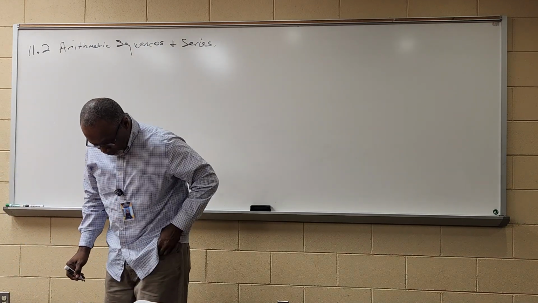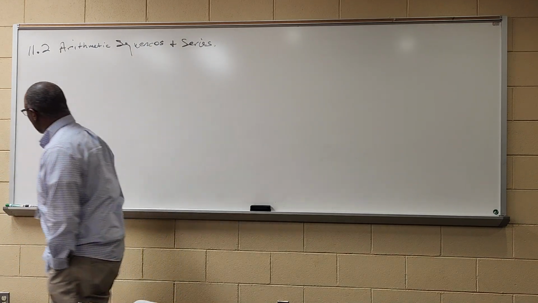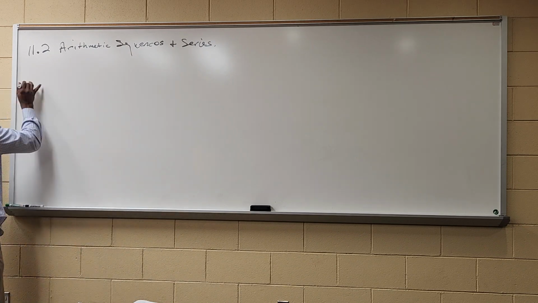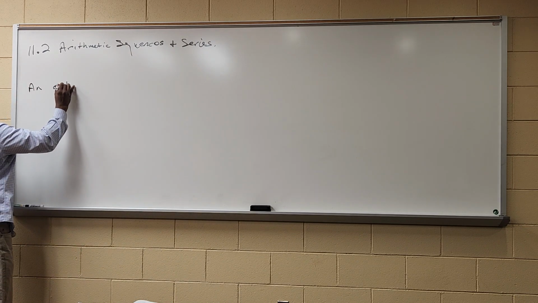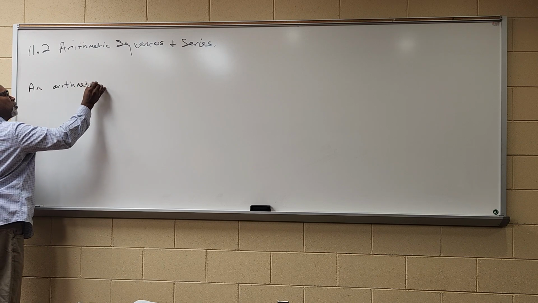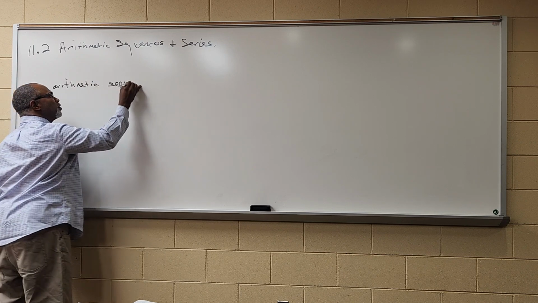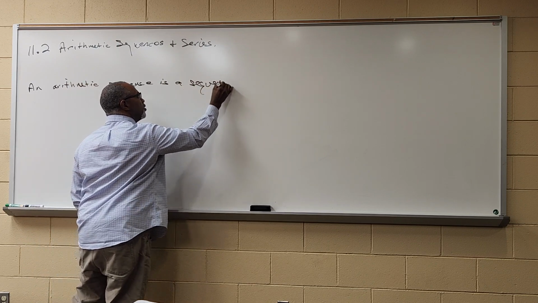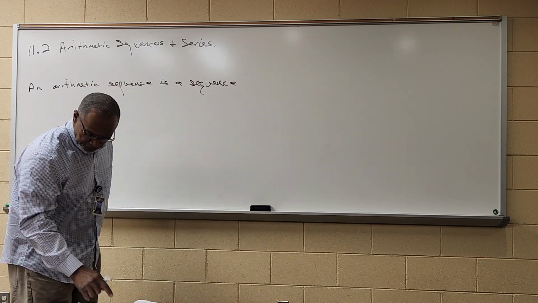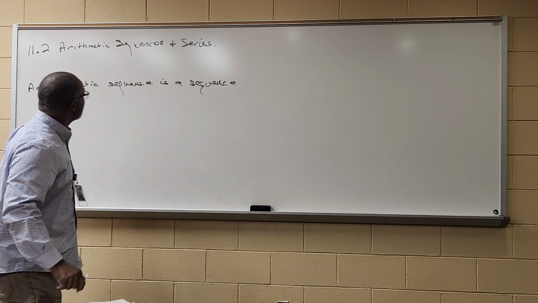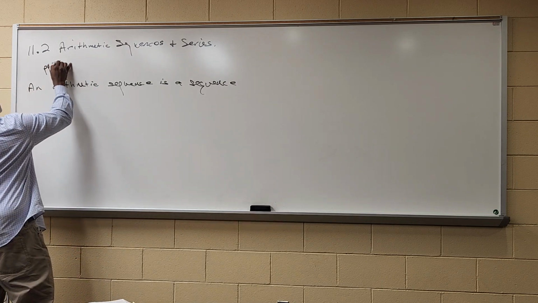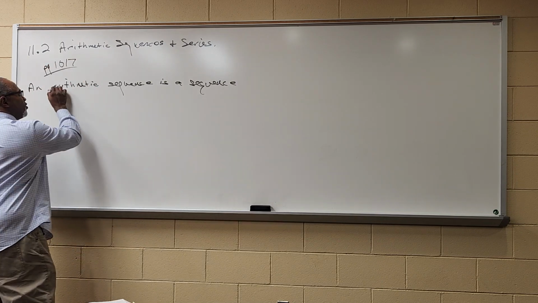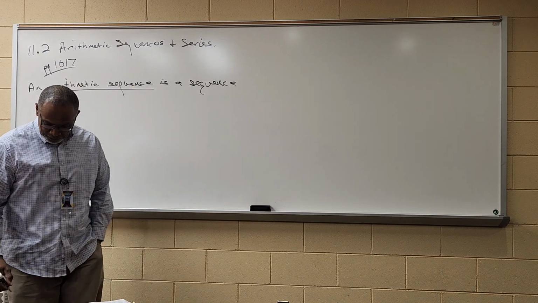So they define what they mean by an arithmetic sequence. An arithmetic sequence is a sequence, and this is on page 1017. We're defining what we mean by an arithmetic sequence.